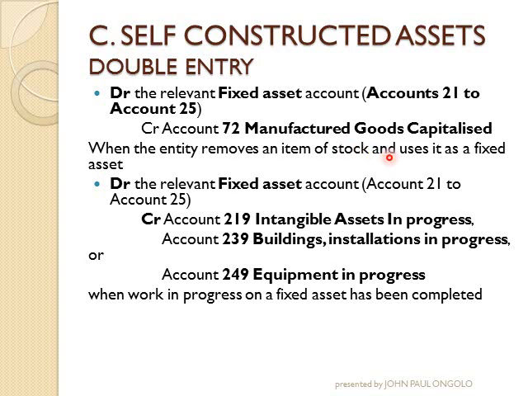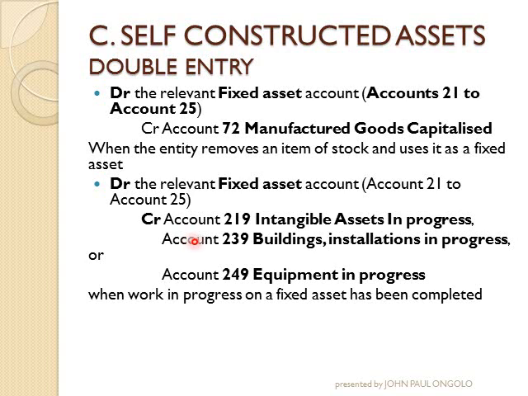For example, take a case of a company which produces computers. Computers are part of its stock. But if it decides to remove one of the computers from stock and use in an office, in that case, they are going to credit account 72, which accounts for the removal of the asset from stock, and debit the fixed asset account.